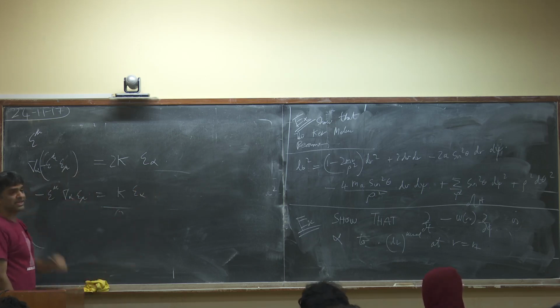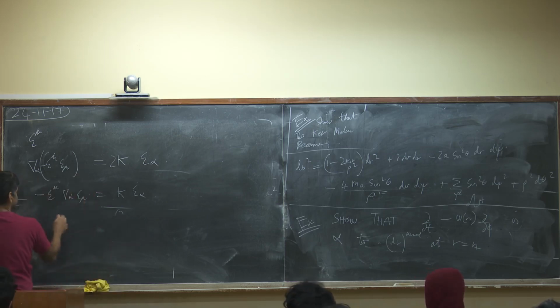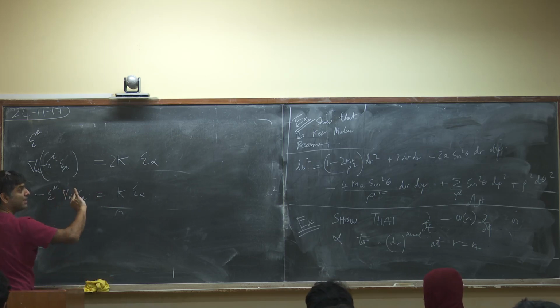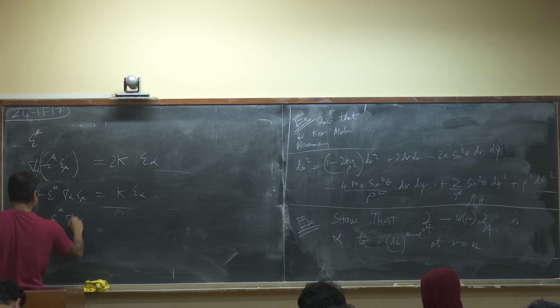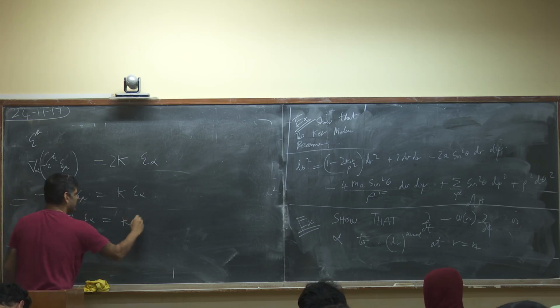But remember that this was a Killing vector. Because it was a Killing vector, you can exchange indices, and I get rid of the minus sign. So I get zeta^mu del_mu zeta_alpha is equal to kappa times zeta_alpha.